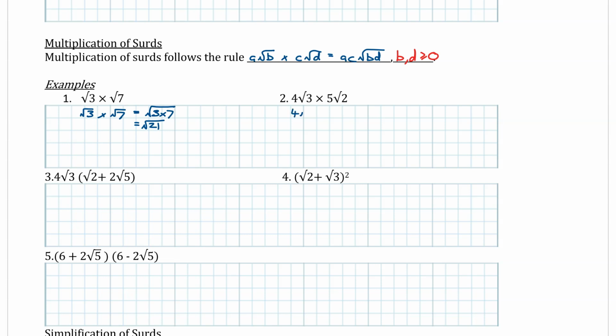That will equal 4 times 5, then in the radical we get 3 times 2, so it will become 20 root 6.